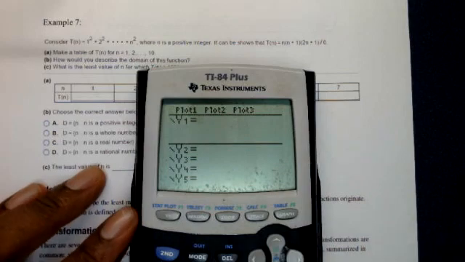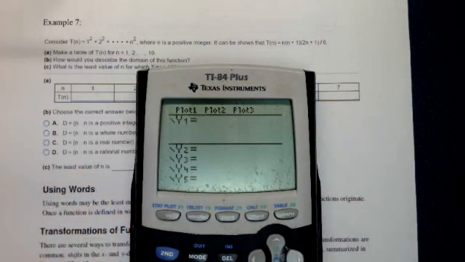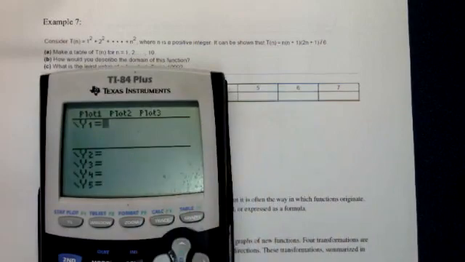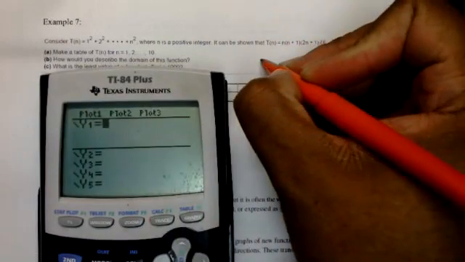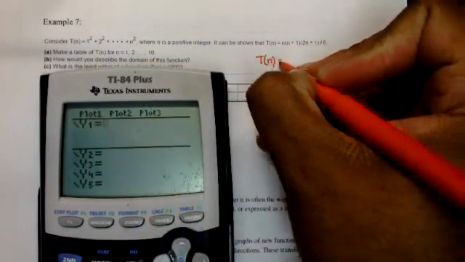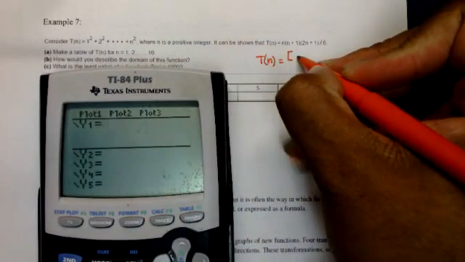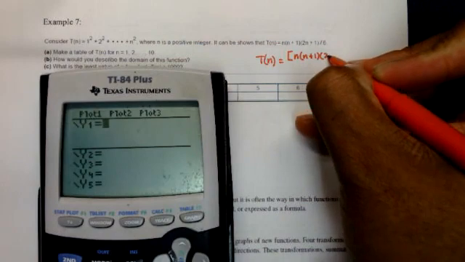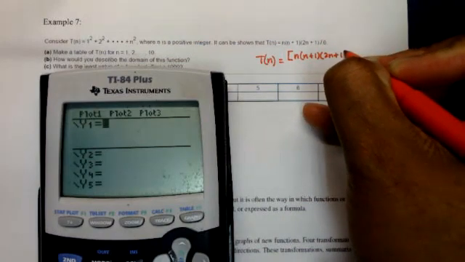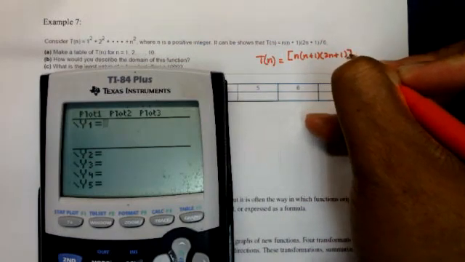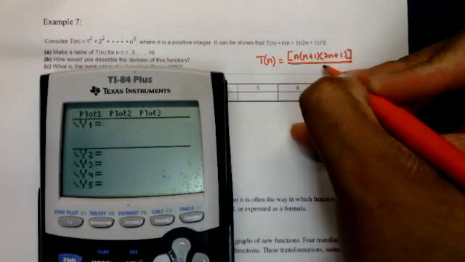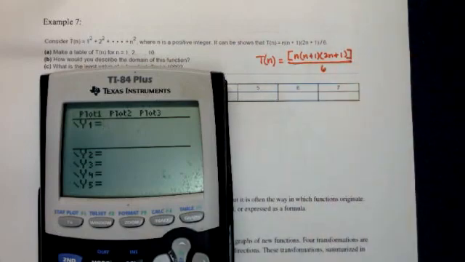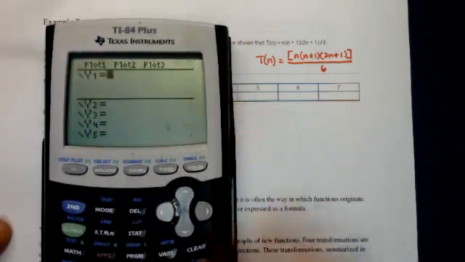The whole thing needs to be, everything in the numerator needs to be in parentheses. So I'm going to write this as T sub n is equal to, I'm going to put in the bracket n times n plus 1 times 2n plus 1. That whole thing will be divided by 6. When I enter this in, I'm going to use x instead of n. They all mean the same thing.